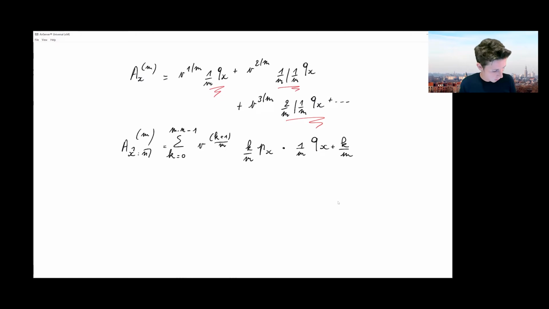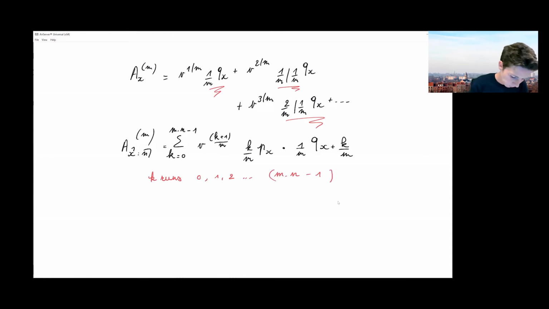So you have to be a little bit careful here, because in this summation formula, the k runs over integers: 0, 1, 2, etc. And the final value that my k can take is m multiplied with n minus 1.